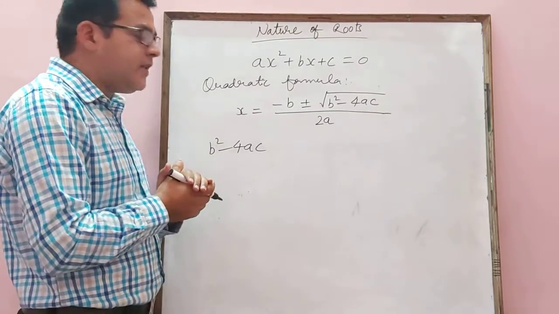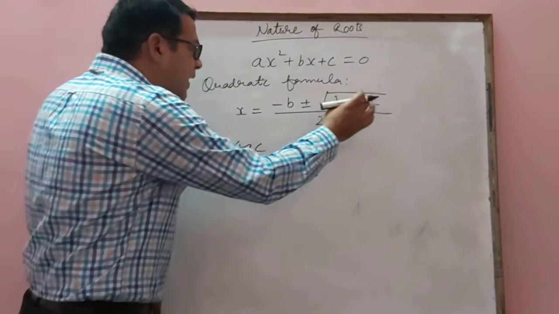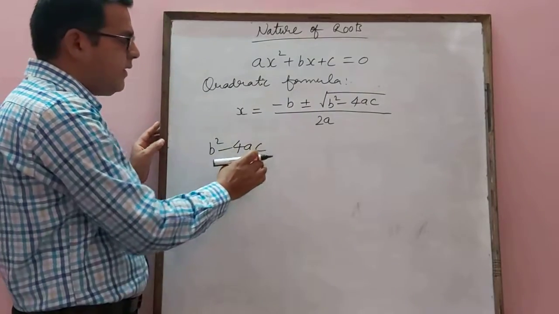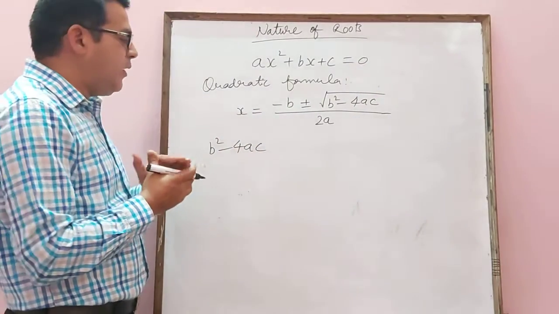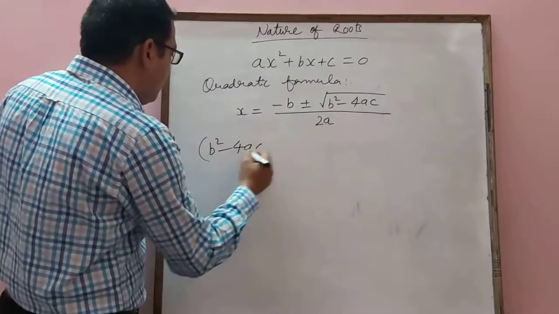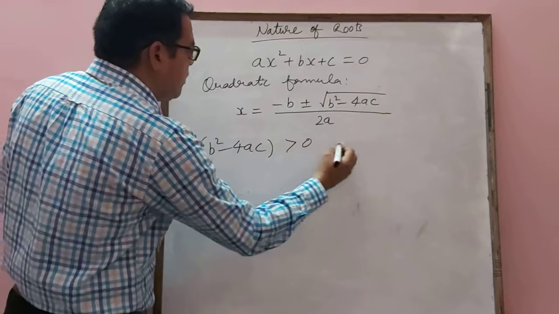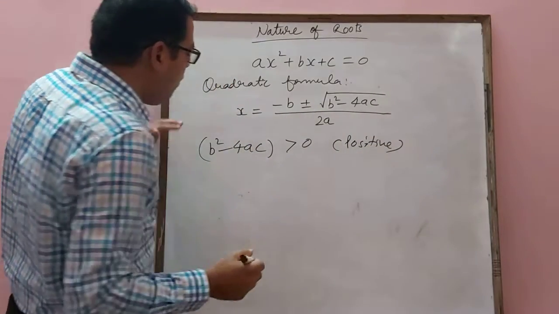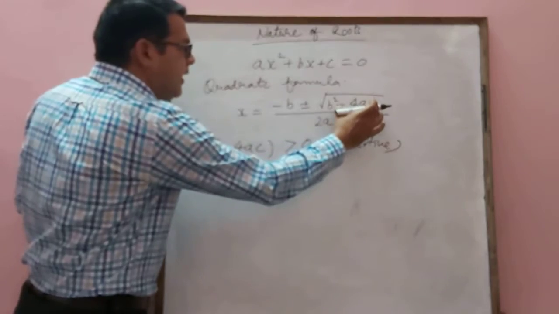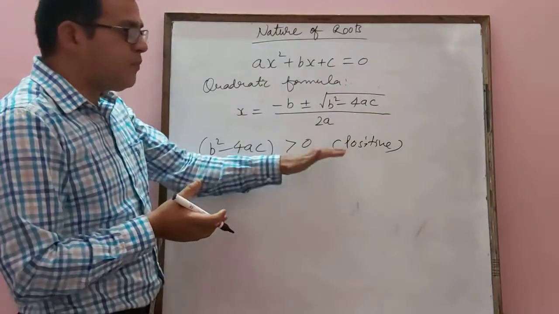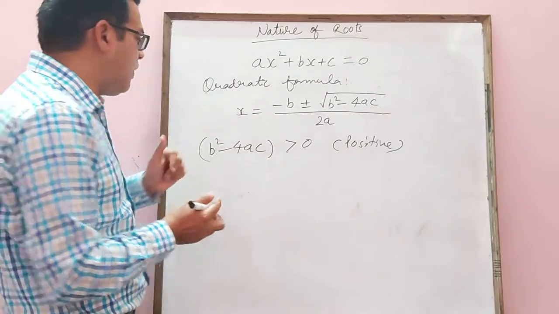What are the conditions? We can get the value of b² - 4ac greater than 0, that is, a positive value. Then what will happen here?